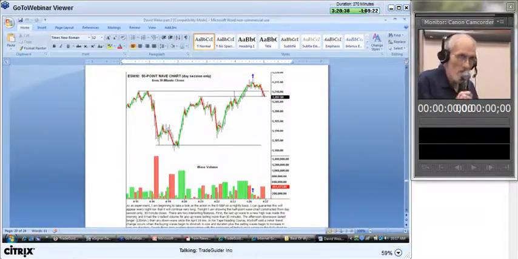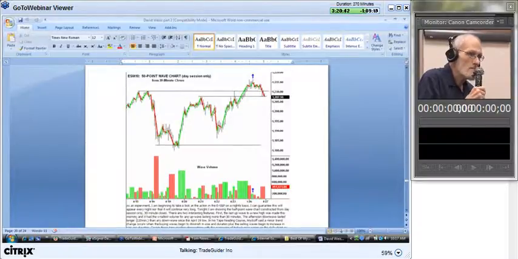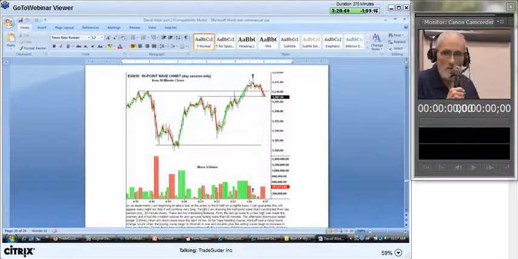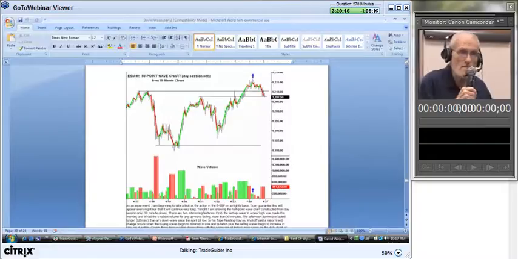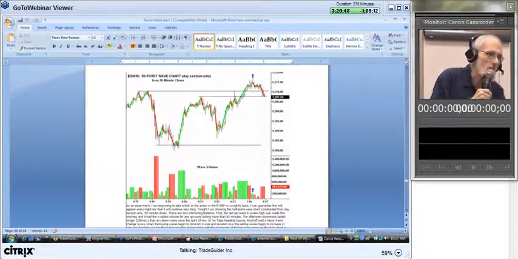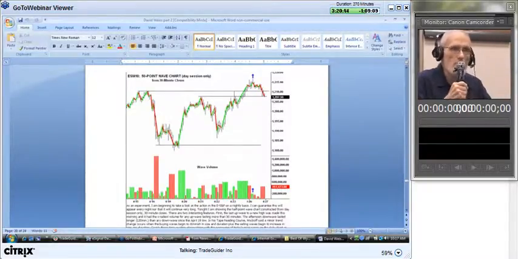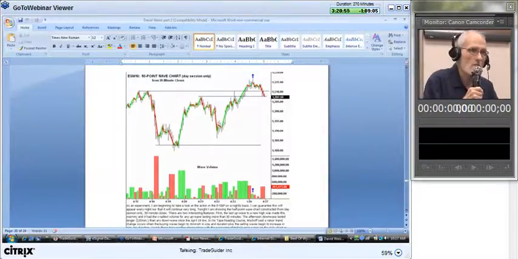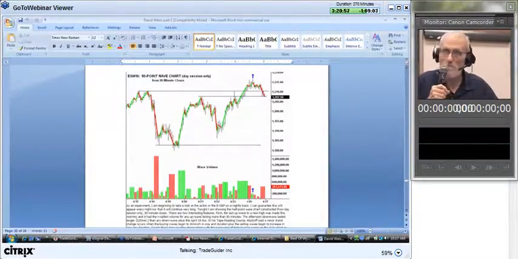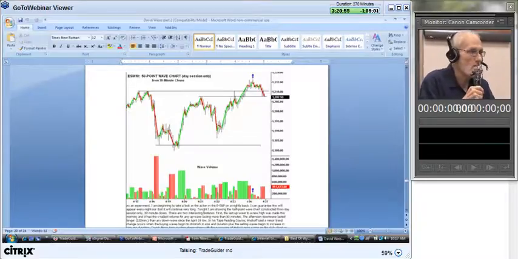This is a wave chart of the S&P E-mini. The idea behind a wave chart, and it's an interesting idea, is that price movement does not unfold in equal units of time. Price movement unfolds in buying and selling waves. Would you agree with that?